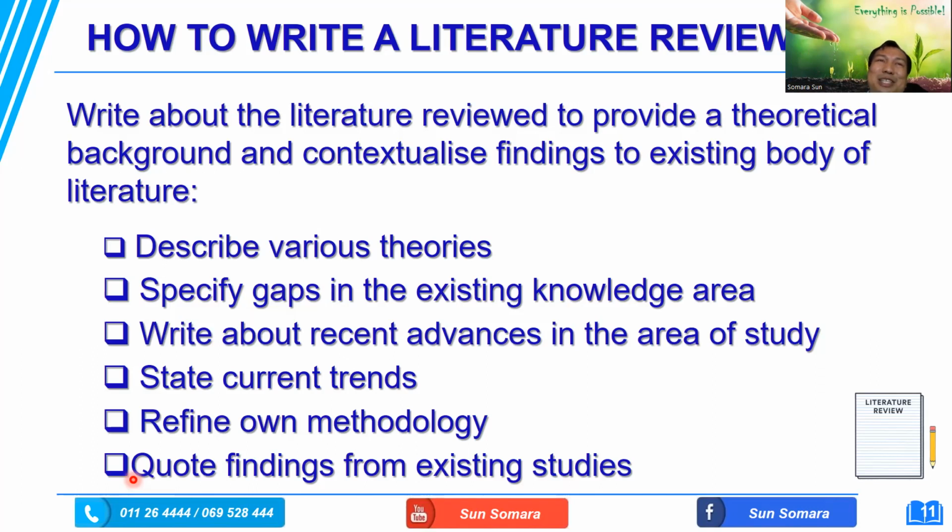So every line comes with an acknowledgement with an in-text citation. You need to give their credit by mentioning their name in brackets, like John, comma, 2019, for example. So that is called acknowledgement or in-text citation.